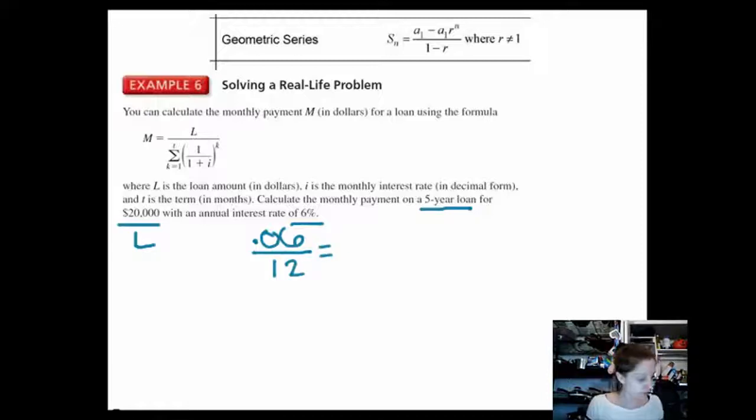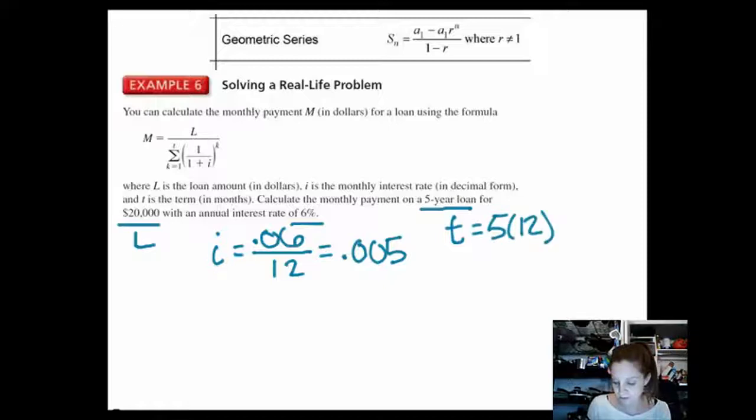And I get 0.005. And that is my I. And T is the term in months. So 5 years, I've got to convert that to months. So 5 times 12 equals 60 months.